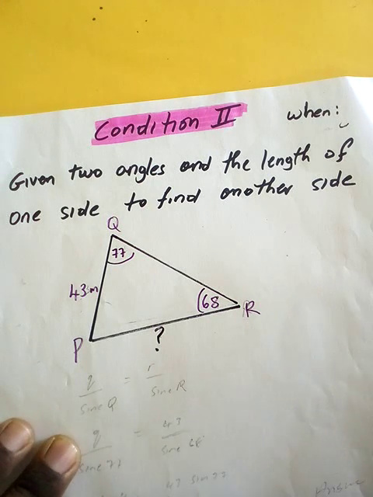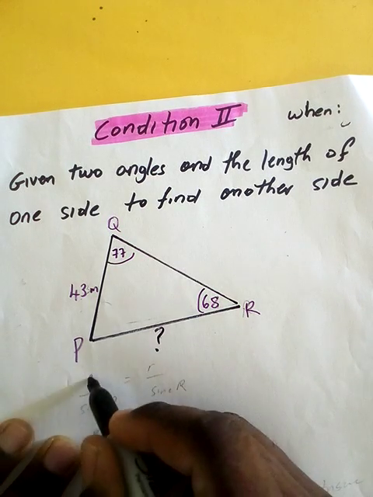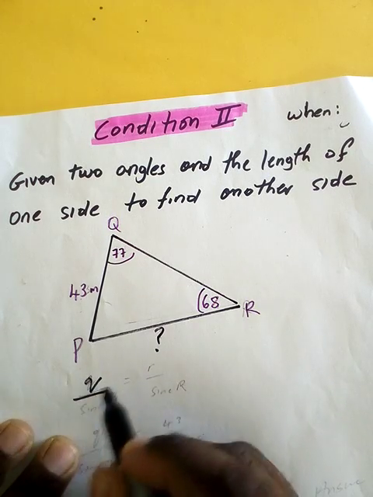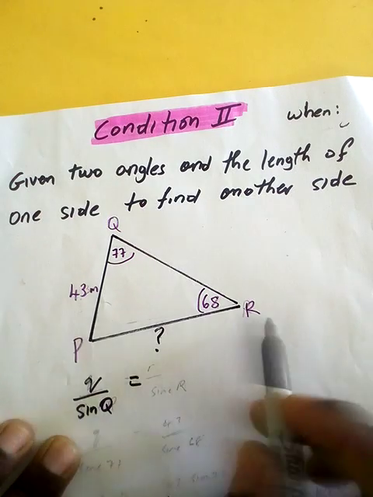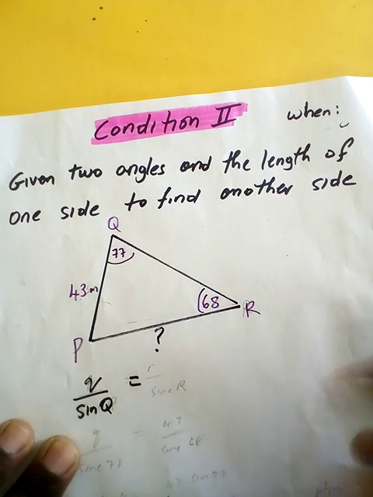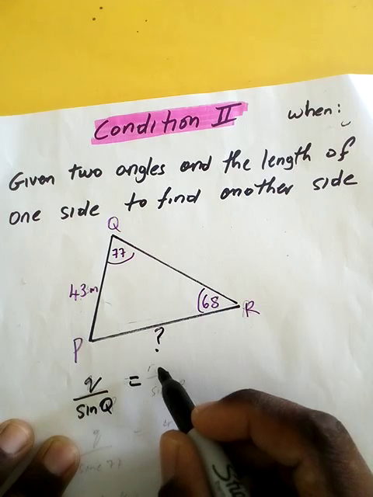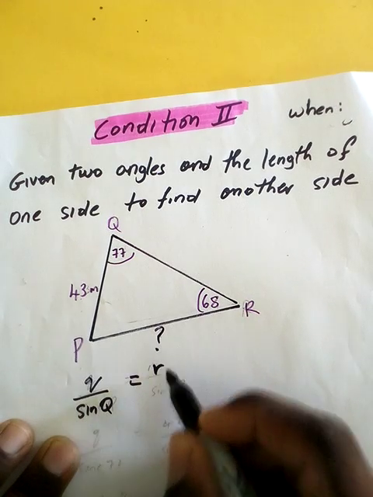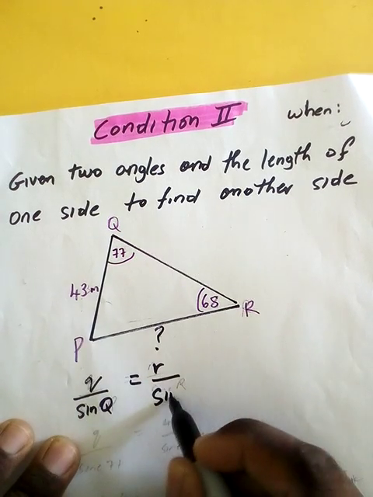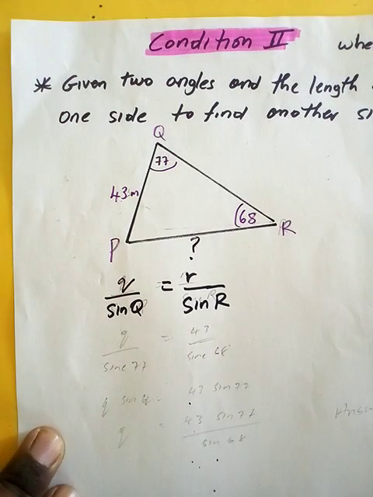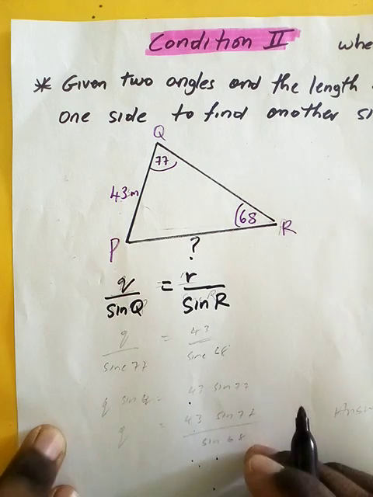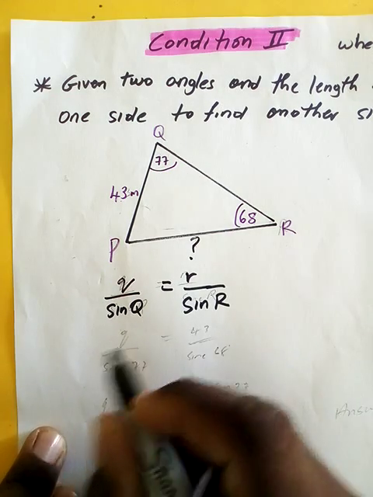So let's call this side small q, so q over sine of capital Q equal the relationship between this and this, what is given, which is r over the sine of the angle. Okay, so what is q side?